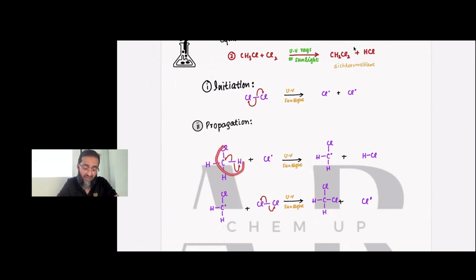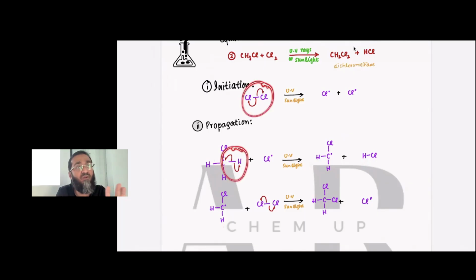But after breaking of this bond, as we are getting HCl here, there might be a chance that this H, as it is forming a radical, would join with some other radical as well. But the chances of that compound forming would be very low, so we were not showing that one in this mechanism. So this bond should be broken first.